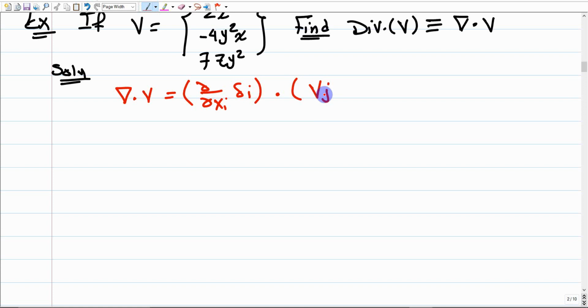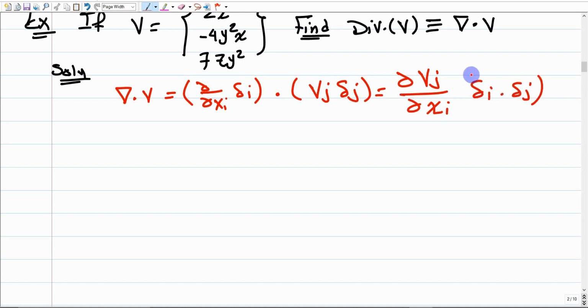I should use another index because I'm still working with the same term. So v_j delta_j. If you did the multiplication, this is going to give us the partial of v_j with respect to x_i, and delta_i dot delta_j. As you remember, delta_i dot delta_j gives the canonical delta, which is delta_ij.